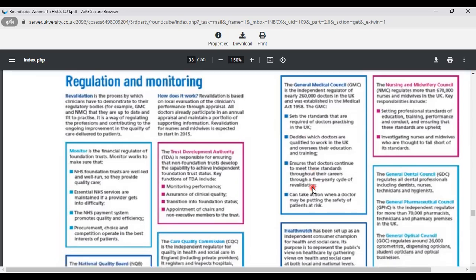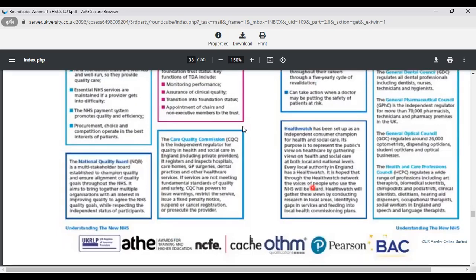You have the CQC that I've been talking about. It's an independent regulator for quality in health and social care in England. And it includes private providers as well. It registers and inspects hospitals, care homes, GP surgeries, dental practices, and other healthcare services.